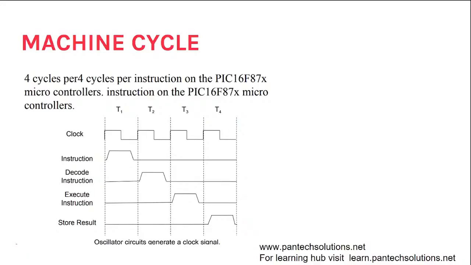On the machine cycle: it has 4 clock cycles per instruction, and it supports pipelining. At T1 it fetches the instruction, then decodes the instruction, at T3 it executes the instruction, and at T4 it stores the result. So 4 clock cycles per machine cycle.